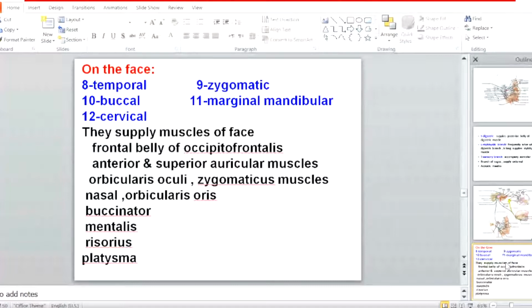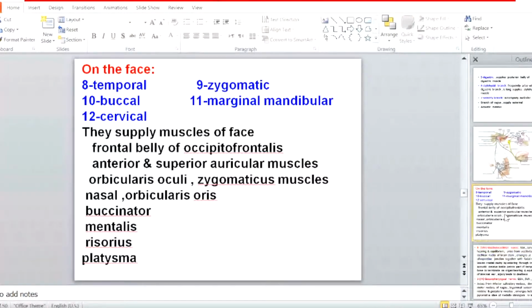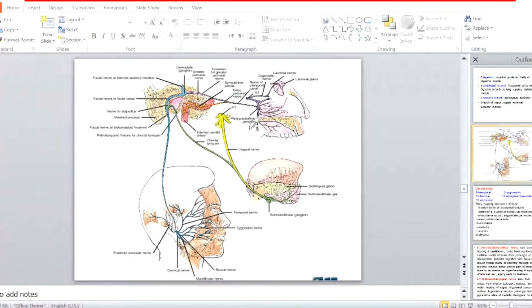They supply the muscles of facial expression: the frontal belly of occipitofrontalis, anterior and superior auricular muscles, muscles of the eye, orbicularis oculi, zygomaticus major, orbicularis oris, nasalis, buccinator, muscles of the lower lip, mentalis, risorius, and platysma of the neck. All these collectively are called muscles of facial expression. Is it clear?